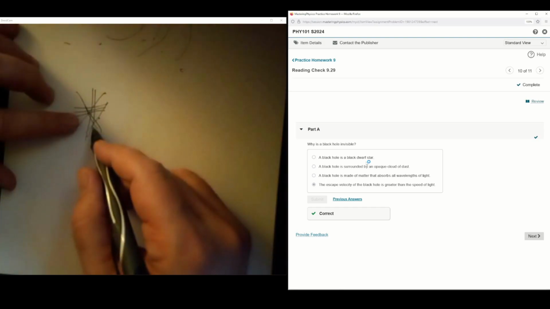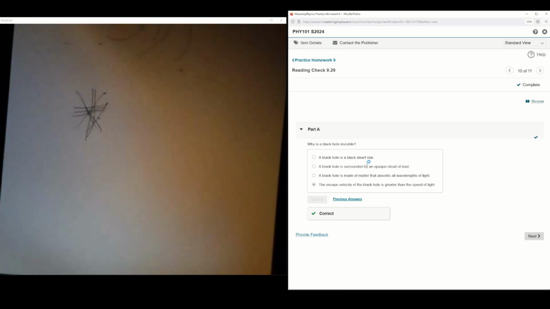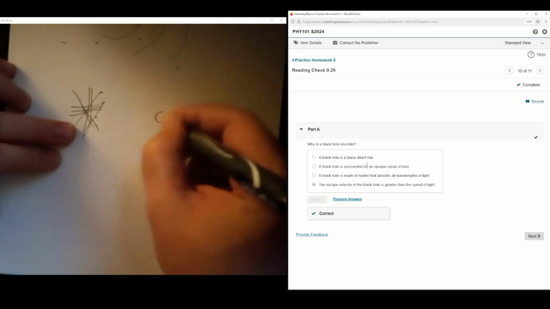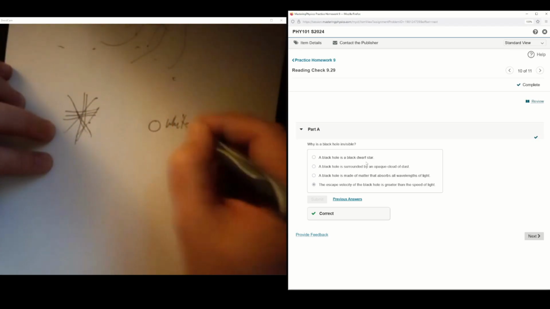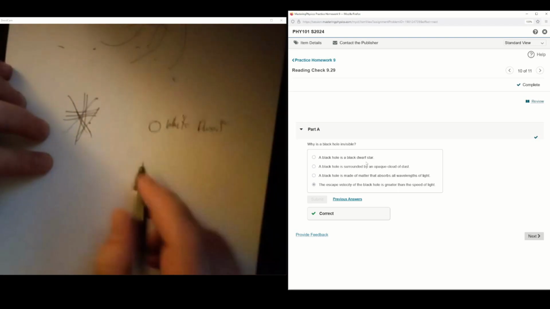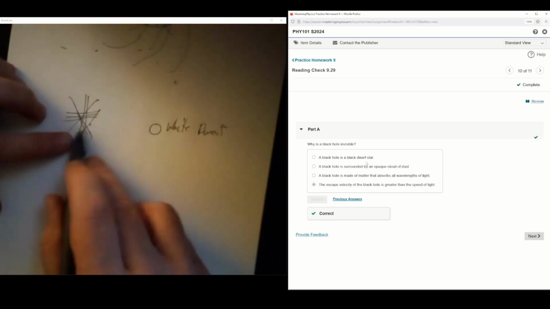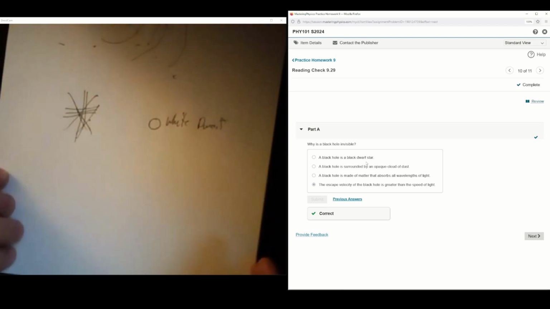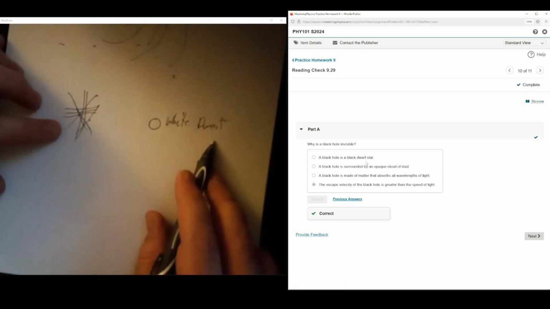Now, when a sun dies, that means it can no longer produce nuclear fusion, because that's what happens in the sun. Particles are fusing together in a nuclear process, and that gives it its light. But eventually, all that fuel will burn out. And when that fuel burns out, you'll be left with a dead star. Our sun will become what we would call a white dwarf. A white dwarf is basically the core that's left over of our sun. A very compact, very small, pretty heavy. But that's what a typical star will go into.